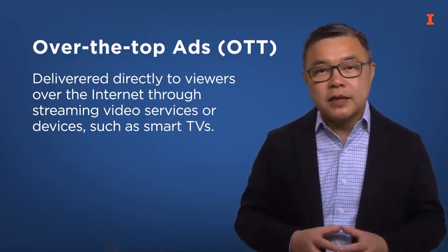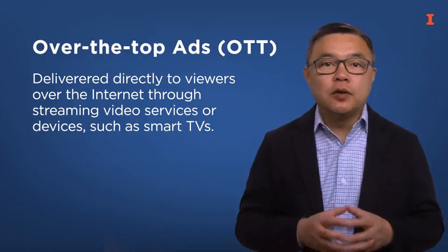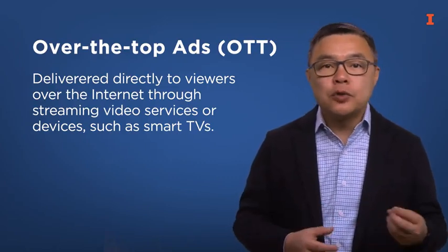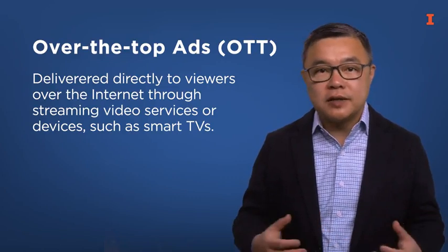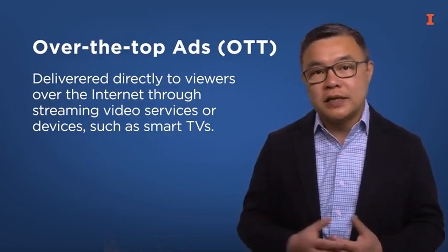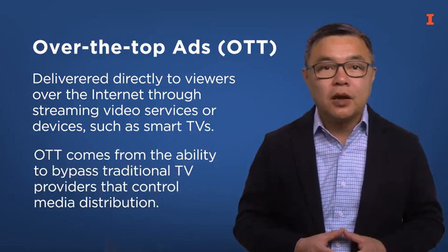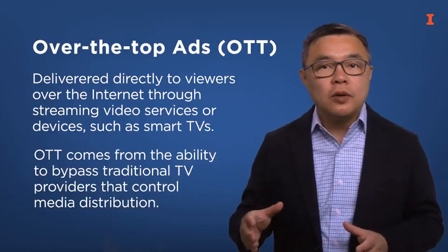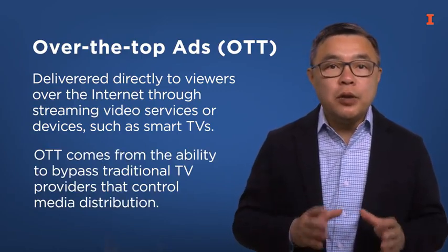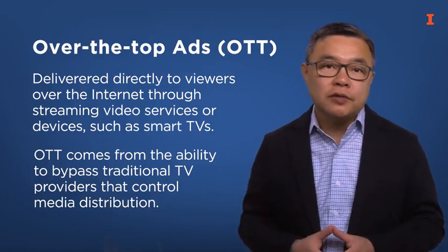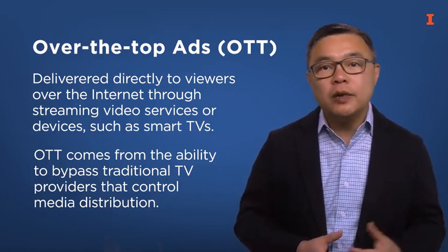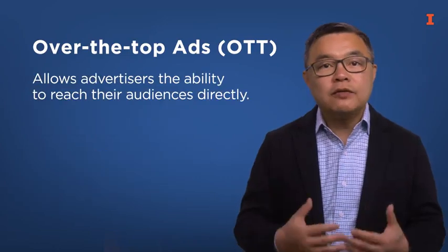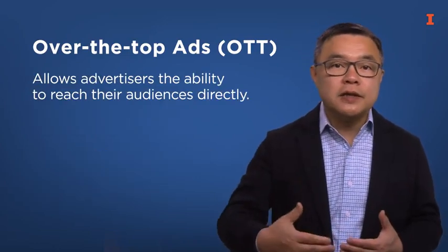OTT advertising is delivered directly to viewers over the internet through streaming video services or devices, such as smart or connected TVs, or CTV. The term over-the-top comes from the ability to bypass traditional TV providers that control media distribution, giving advertisers the ability to reach their audiences directly.